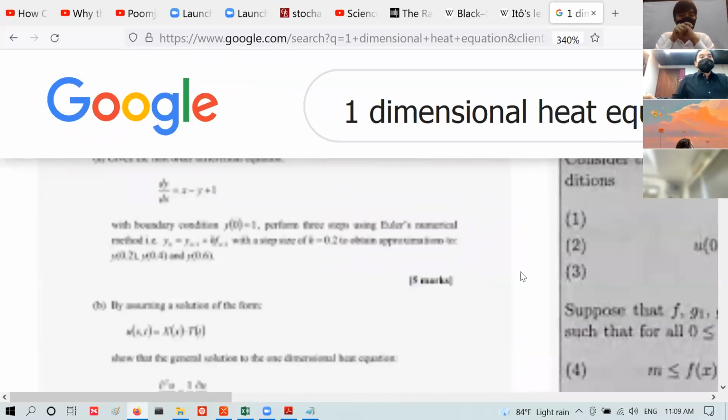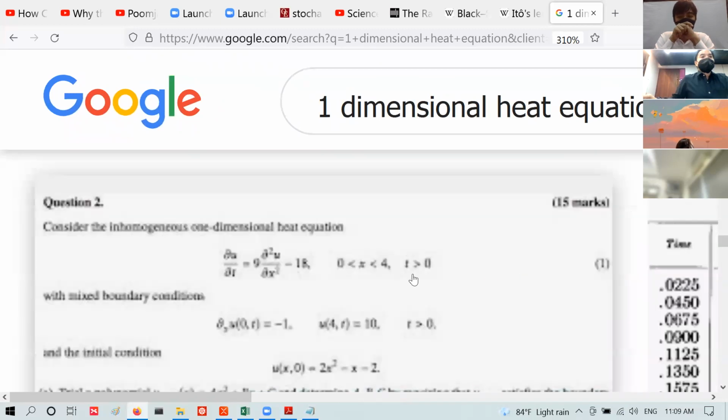Oh, sorry. It's this thing I want to blow up. Okay, U is the heat. This is our partial. Okay, I can't write the partial script in the notes. Okay? The change of heat in time is proportional to the second derivative of heat in location, because that gives you the difference between you and your neighbor. Okay, if you and your neighbor, one is hot, one is cold, you transfer heat.